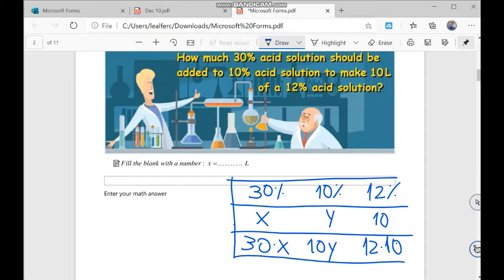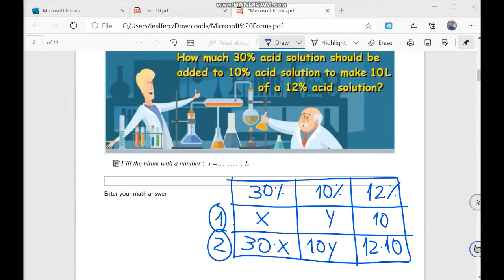This is our table. Using this table, you can find equation number 1, equation number 2, a system of linear equations, solve by using graphing methods or substitution methods or addition method, and you're going to find the right answer.